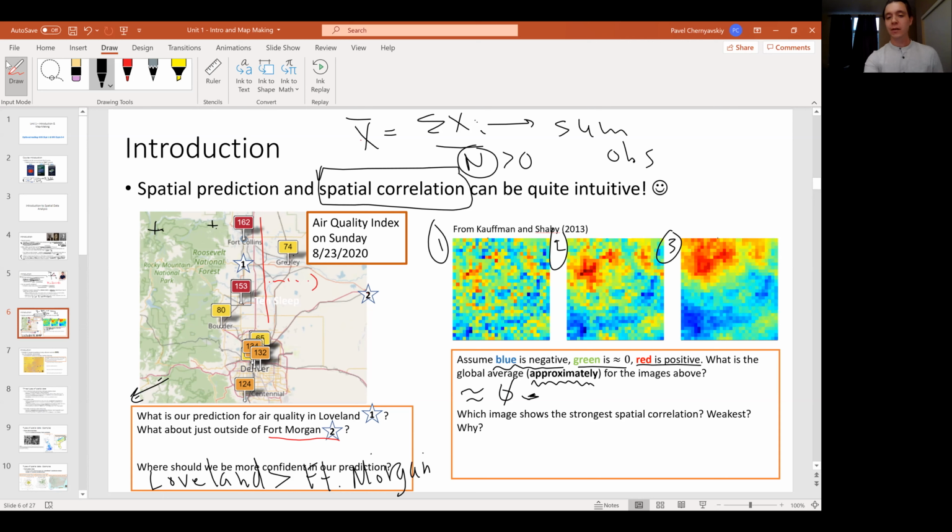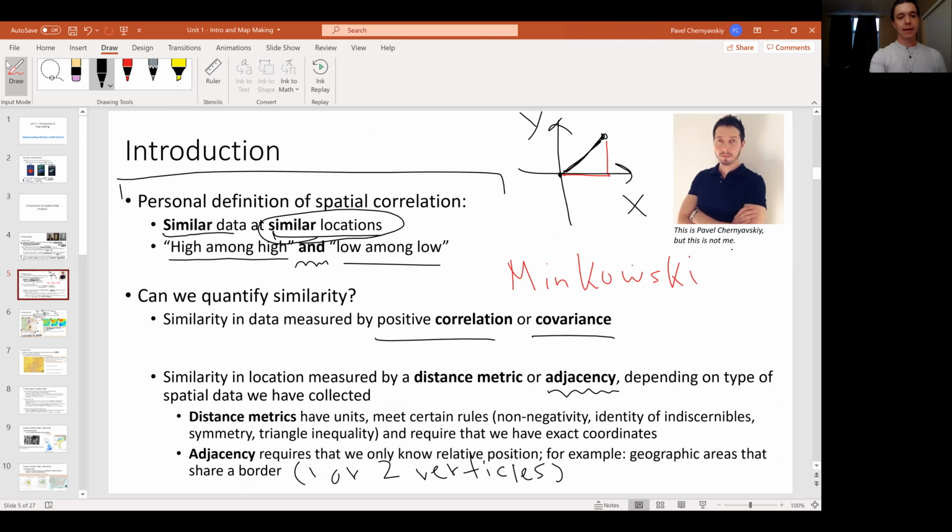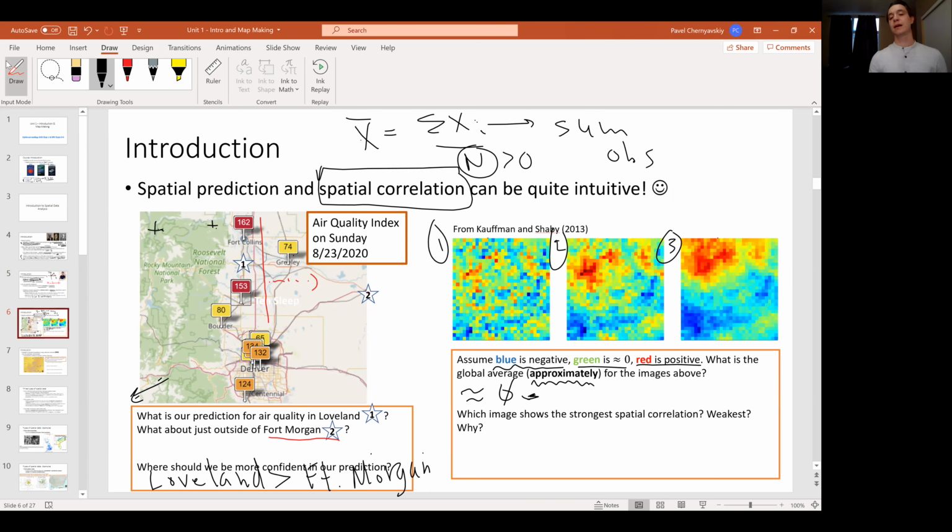Well, if we rearrange the position of red and blue tiles, we can change the strength of spatial correlation. So intuitively, you're looking here for similar data at similar locations.